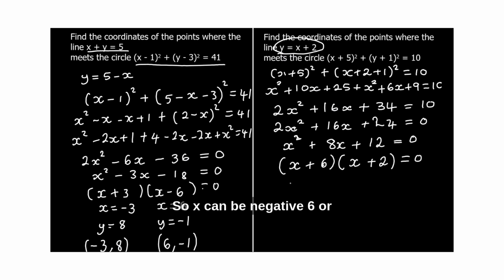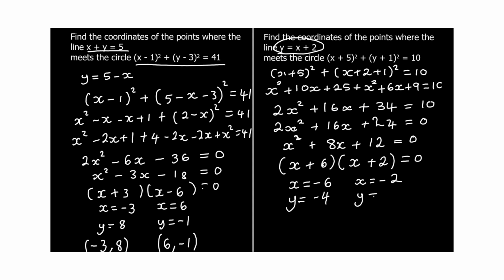So x can be negative 6, or x can be negative 2. y is x plus 2. So negative 6 plus 2 is negative 4. Negative 2 plus 2 is 0. So the intersections are at negative 6, negative 4, and negative 2, 0.